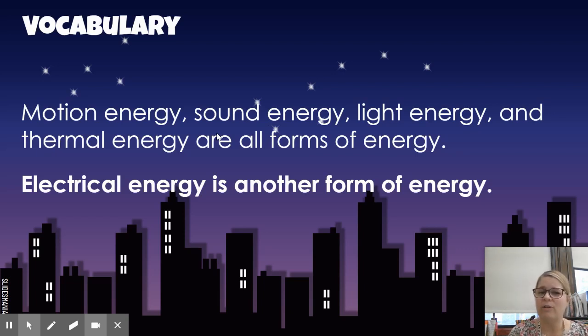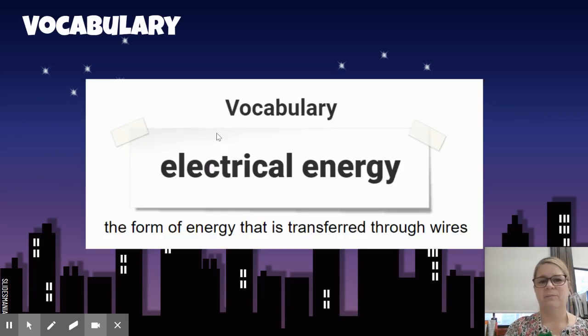But we are focusing on electrical energy in the electrical system. So electrical energy is another type of energy, same as motion, sound, light, and thermal. It's just another form or type of energy. So we have one more vocabulary word, electrical energy. And that is the form of energy that is transferred through wires. Just like our sim, we had our solar panel, and it transferred that energy through a wire into our LED light.